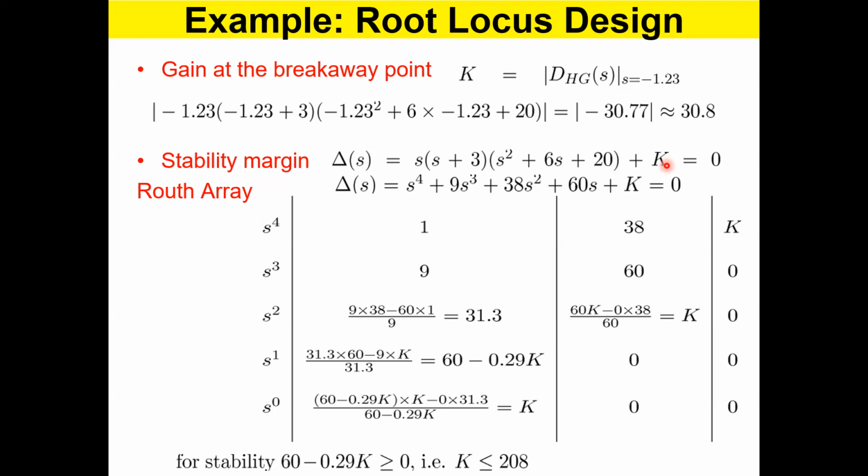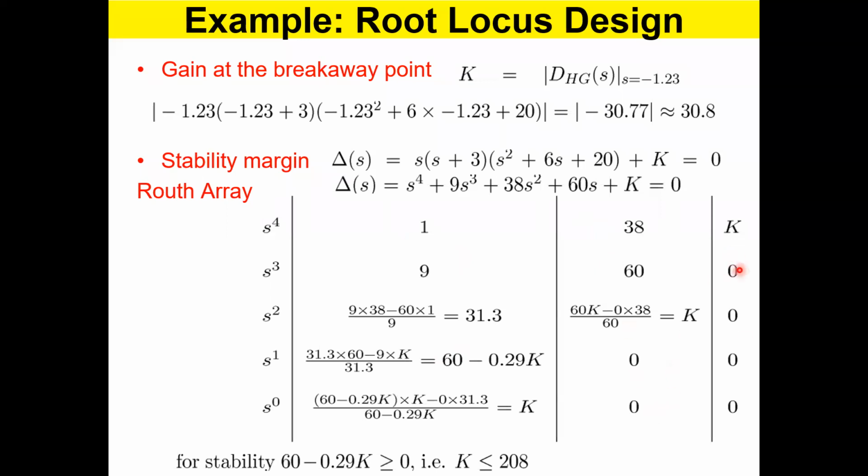So when you expand this, you get s to the 4 plus 9s to the 3 plus 38s square plus 60s plus k equals 0. Now, follow this technique very carefully. What you do is you prepare an array, right?